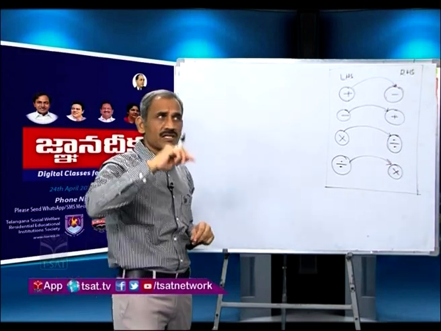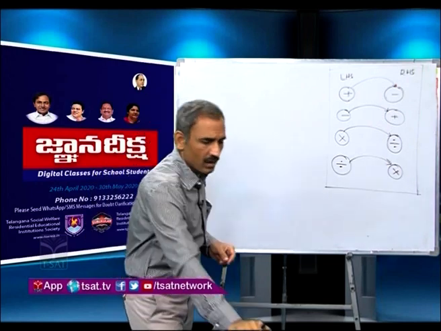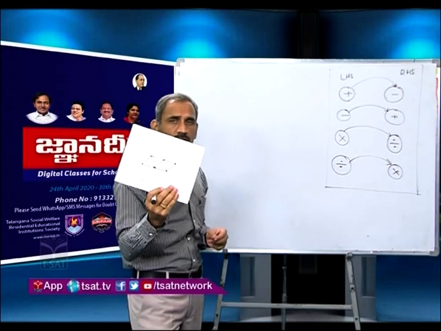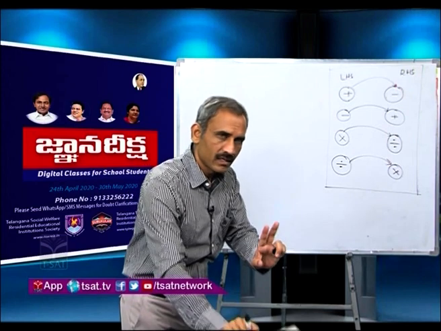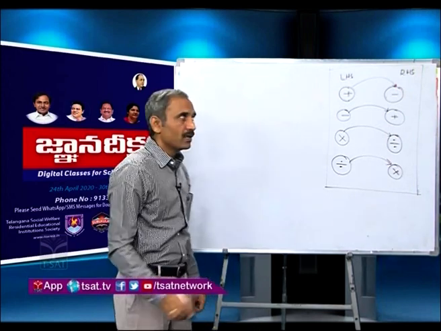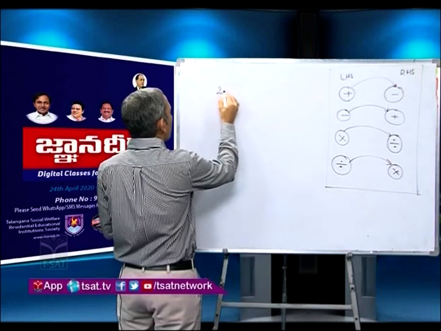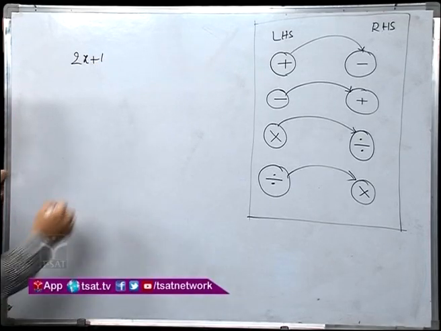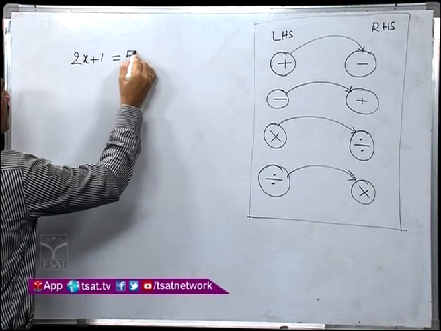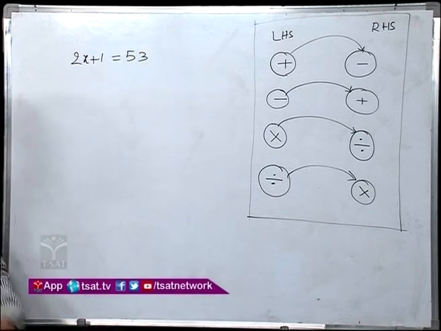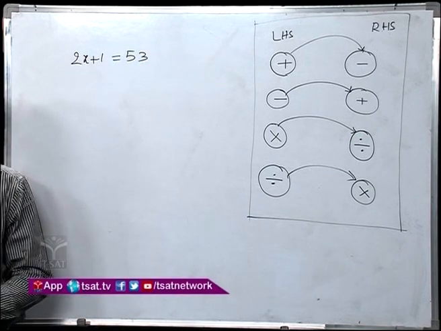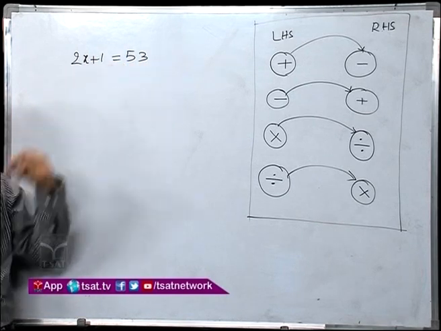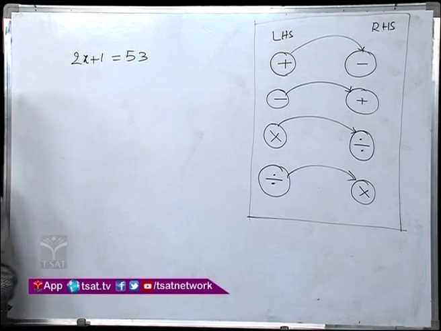In the first case, when you are talking about the triangles like this, there the number of matchsticks is denoted by 2x plus 1. If I have 53 matchsticks, then how many triangles are formed? That is my question. That means 2x plus 1 is equal to 53. Then I want to find x.